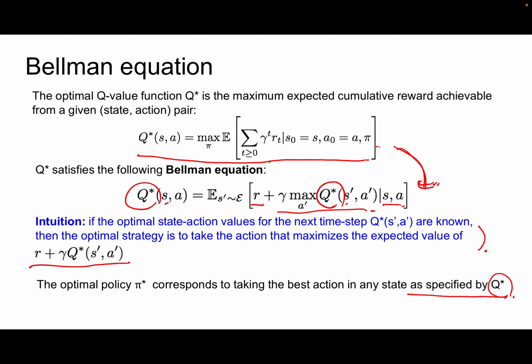The action we take is based on the estimated Q value, so the Q value should be accurate. If it is accurate, then we can always perform optimal actions. It tries to perform the best action in any state.